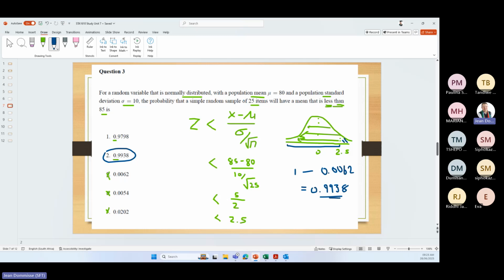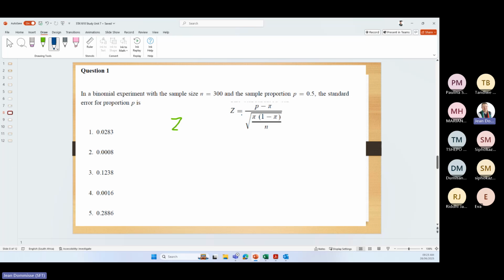Okay, so now we will go into some of the proportions. They tell us in a binomial experiment with a sample size n of 300, sample proportion 0.5, find the standard error for the proportion.